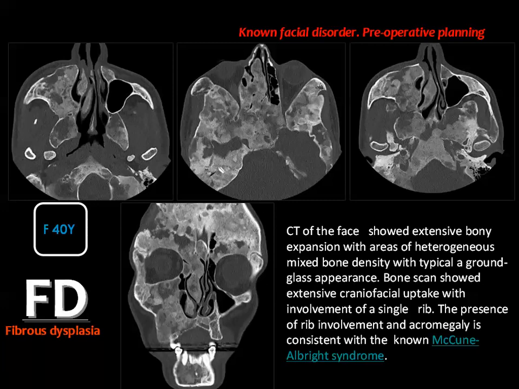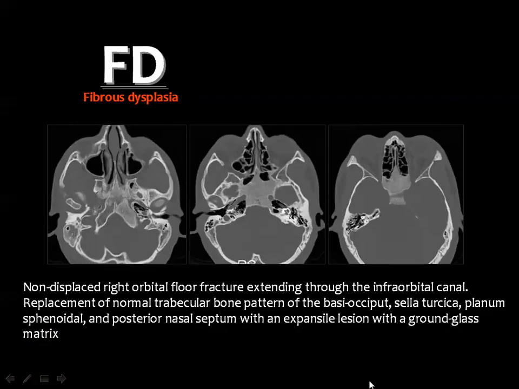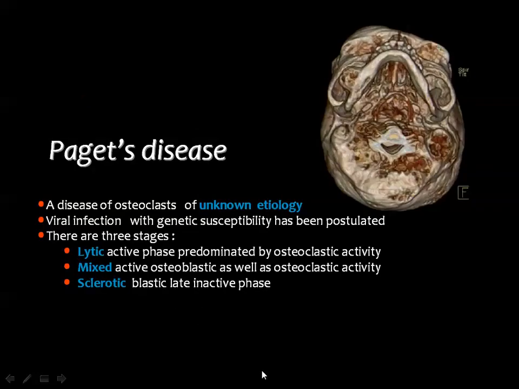And you see the involvement of the anterior skull base, the middle skull base, and the posterior skull base, including the petrous bone. Another case of fibrous dysplasia affecting the basi-occiput and the clivus and also the posterior ethmoids, involvement of the posterior and the middle skull base.